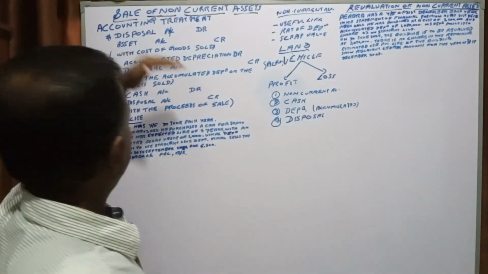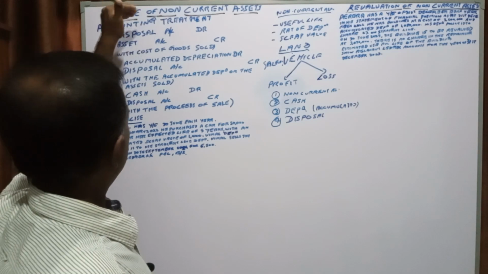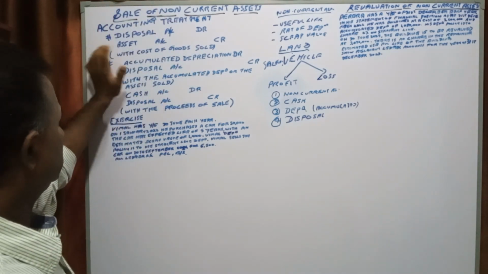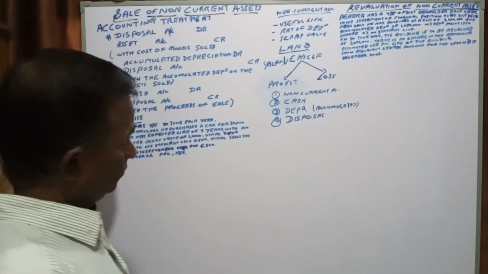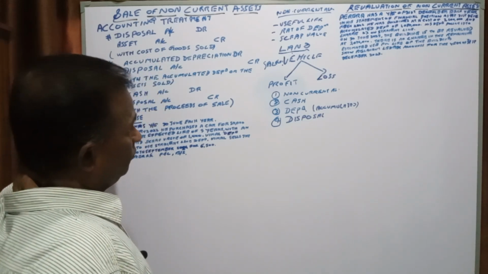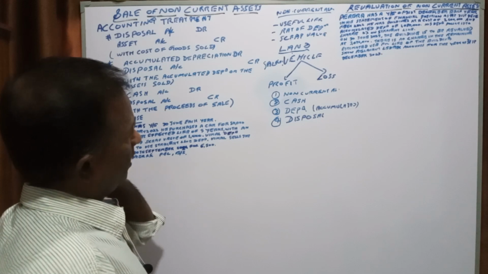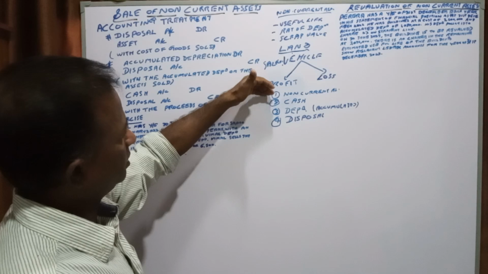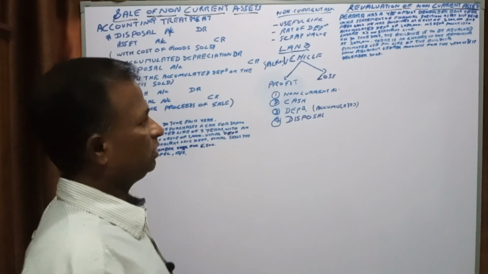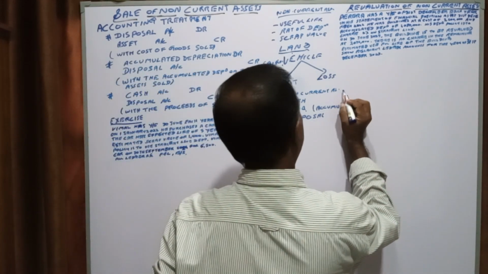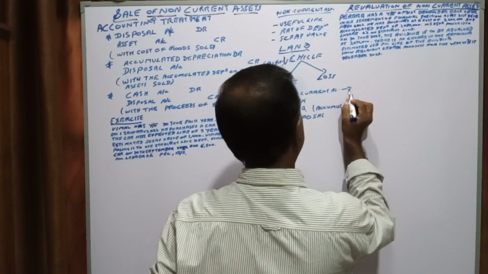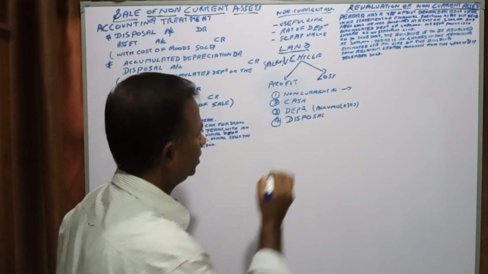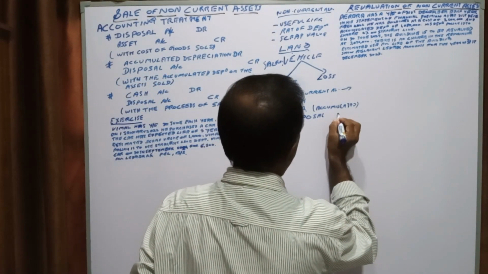The accounting treatment for sale of a non-current asset: first of all, we have to eliminate the cost of the asset from the non-current assets and transfer it to the disposal account.